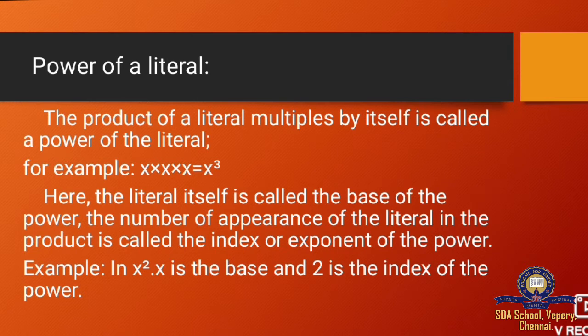Here the literal itself is the base of the power. The number of appearances of the literal in the power is called the index or exponent of the power. For example, in x square, x is the base and 2 is the index of the power.